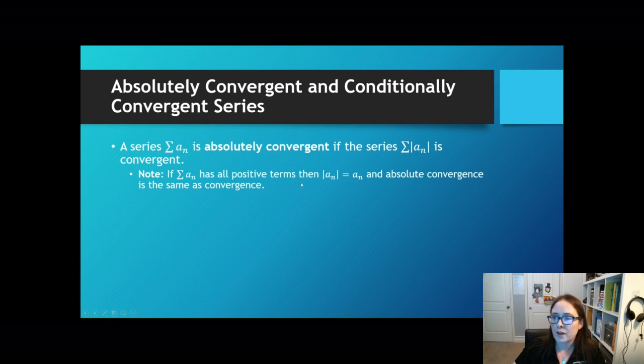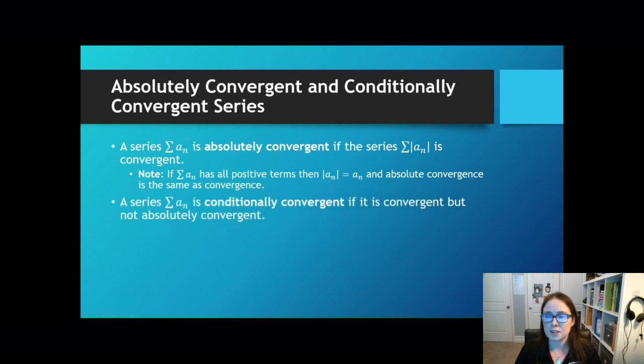And just a note here that if the terms of the series are already positive, then taking the absolute value doesn't do anything or change the series. And so any series that's convergent, that's always positive, is going to be absolutely convergent as well.